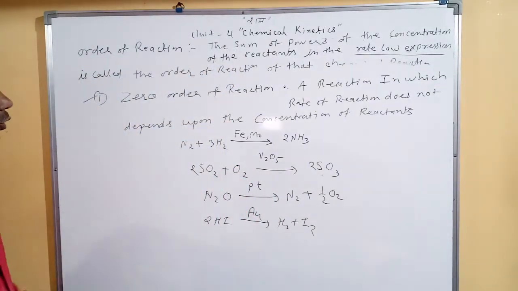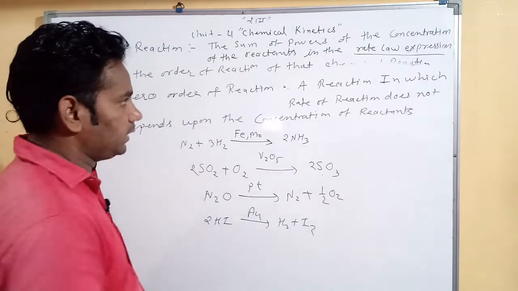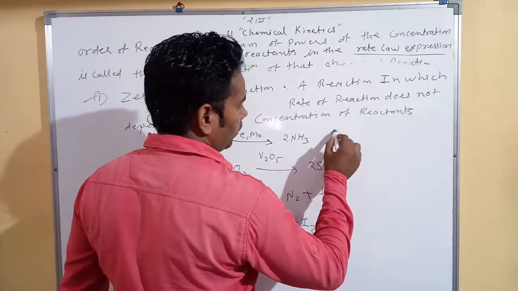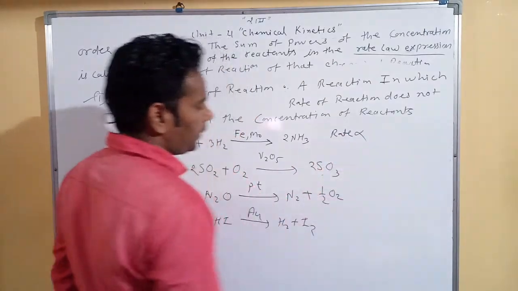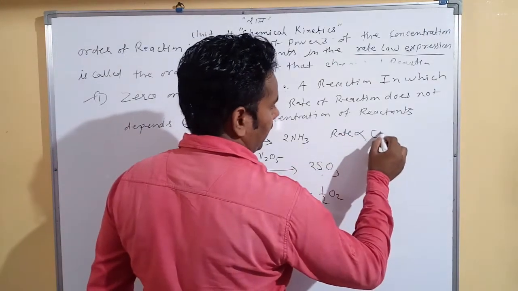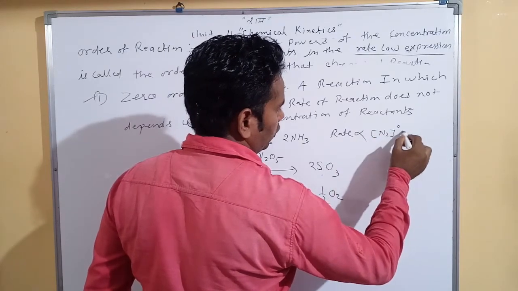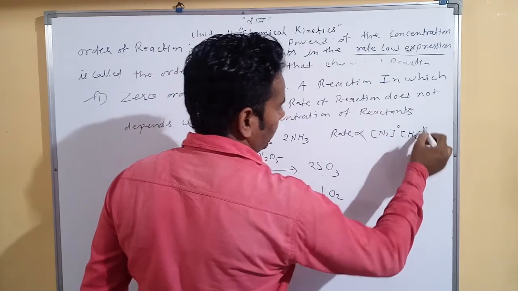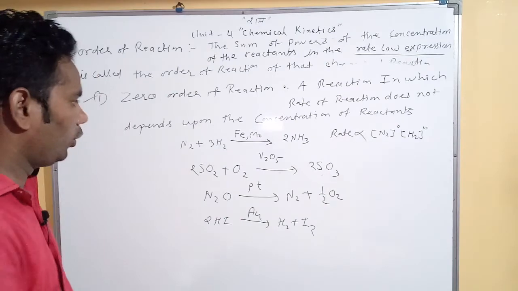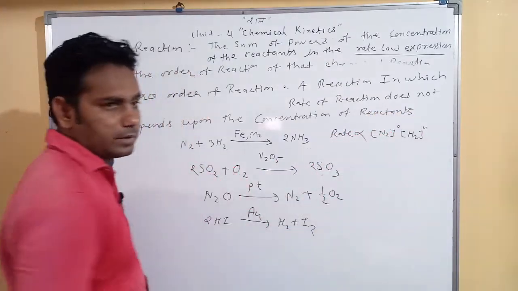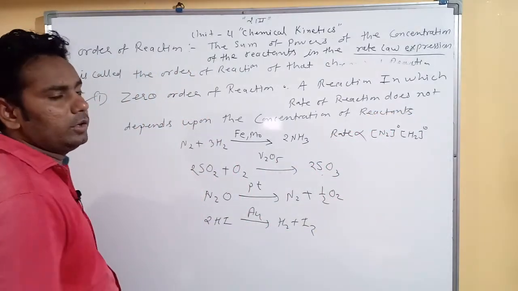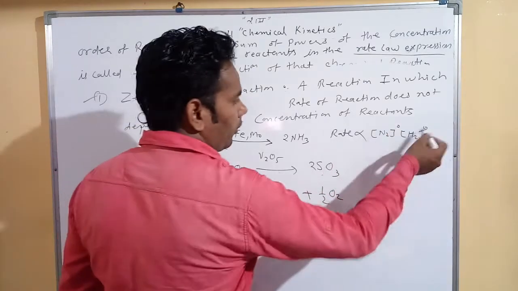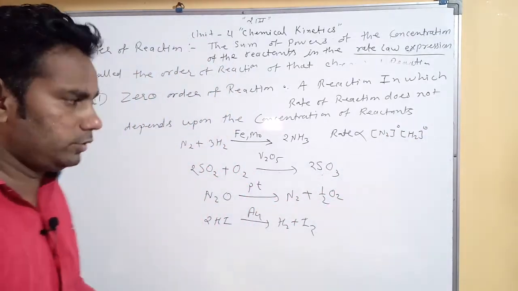Now how to show zero order of reaction in the rate expression. Rate is directly proportional to N2 to the power 0, H2 to the power 0. We do not show the power 3 here. Clear? Because this reaction is zero order of reaction, the power of reactant concentration is 0.